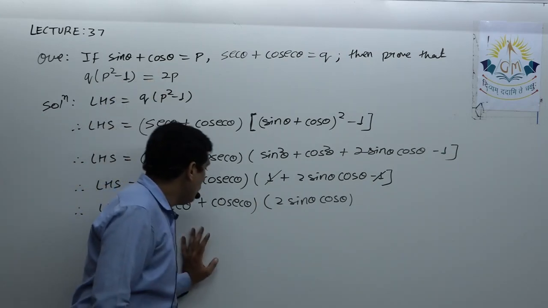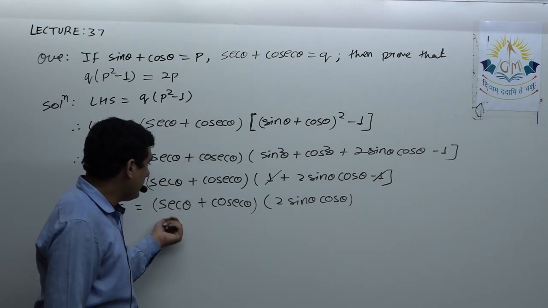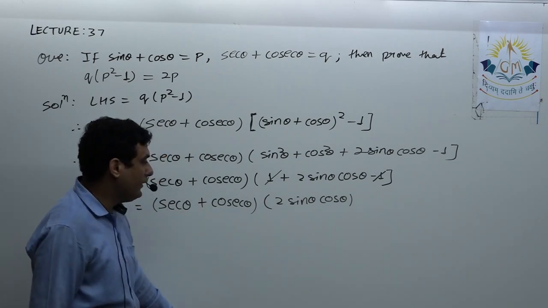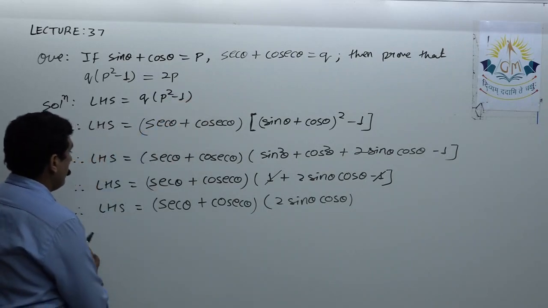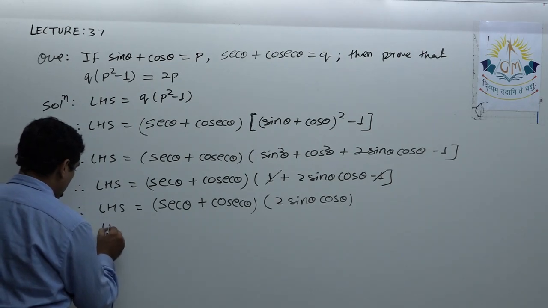So there are two ways to solve this. If I convert this sec and cosec in terms of sine and cos, I will definitely be able to prove this twice p directly. So let us start from here only.